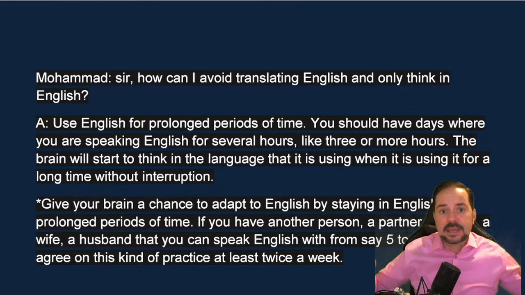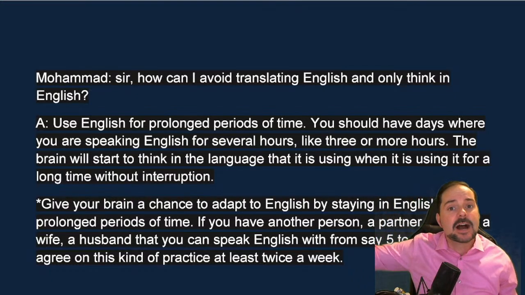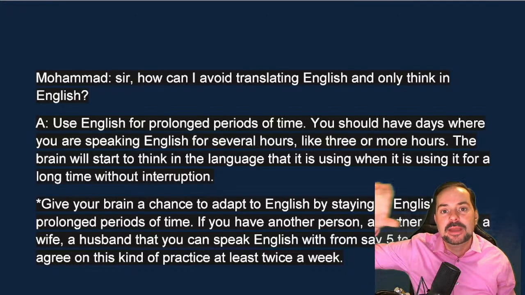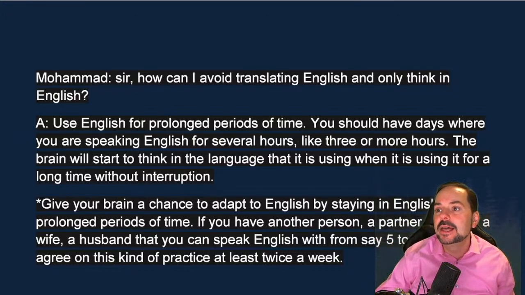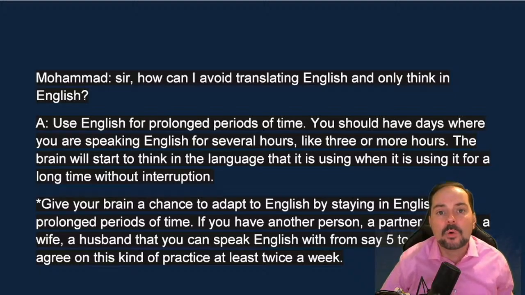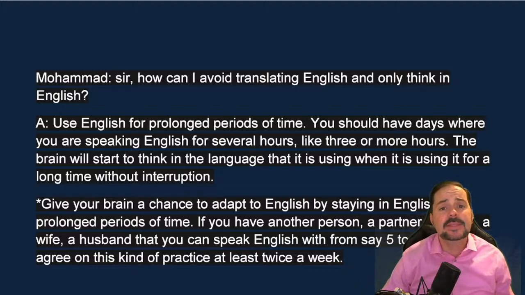So take a piece of paper, write down English hours, Wednesday, 5 to 9 p.m. in red letters. Put that on the board, and then at your home, put it on the door or put it on your refrigerator. And then make sure that during those times you switch to English.